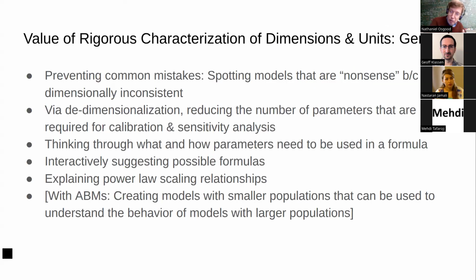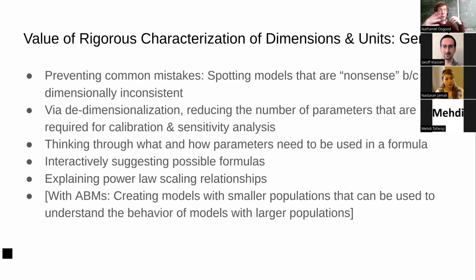Why do we care about quantities? Why do we care about dimensions? Well, there are a lot of different reasons, and time is already rushing by, and I'm not going to dwell on these, but they're extremely useful. They prevent us from making mistakes in models. By de-dimensionalizing a model, we can arrive at a model that has fewer parameters, and that means if we want to calibrate the model or estimate the values for its parameters, we may be able to do so with fewer parameters.